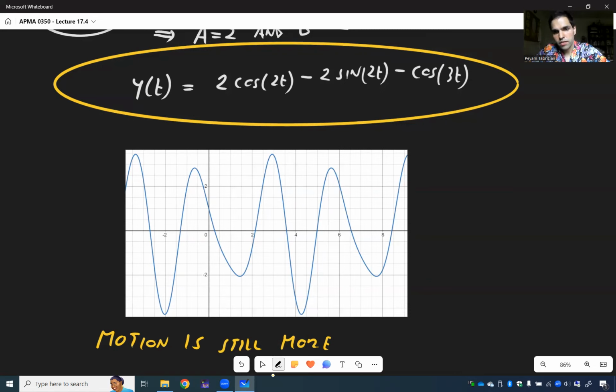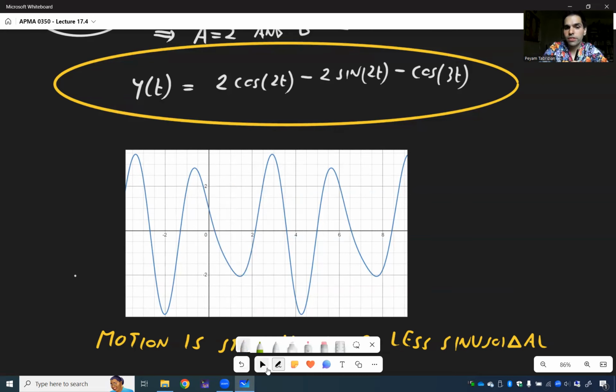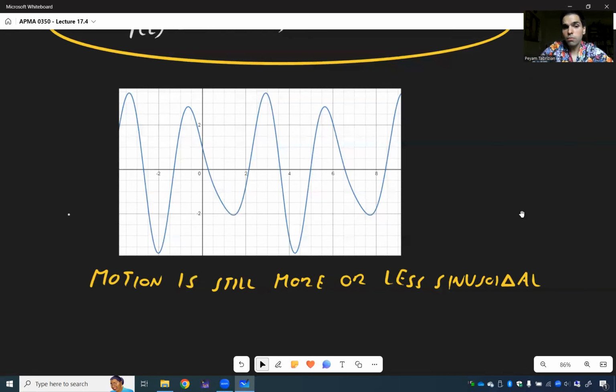Meaning that the forcing, of course, has some effect because it's not a pure sine wave, but not much of an effect.